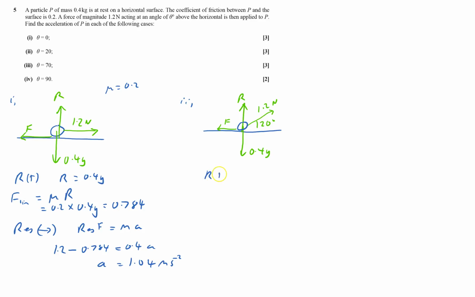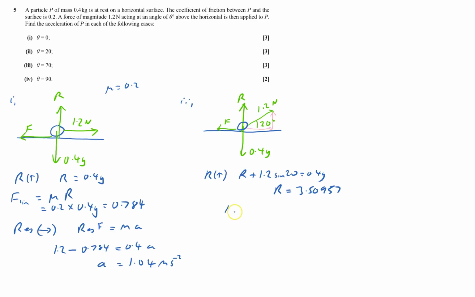So we've got to do pretty much exactly the same thing again. I've got to resolve upwards. A little bit more careful now because I've got this component here. If I split that into its components, it's this bit which is the up component, so I've got the whole of R plus 1.2 sine 20, and that's going to equal 0.4g, and so R will equal 3.50957.